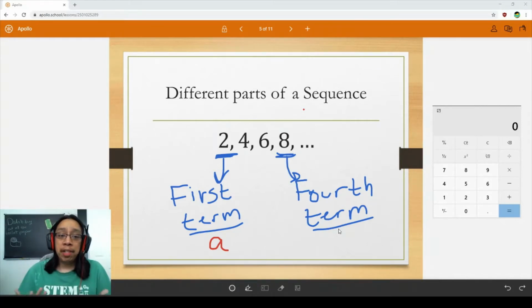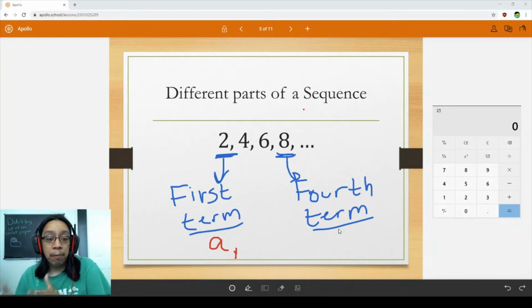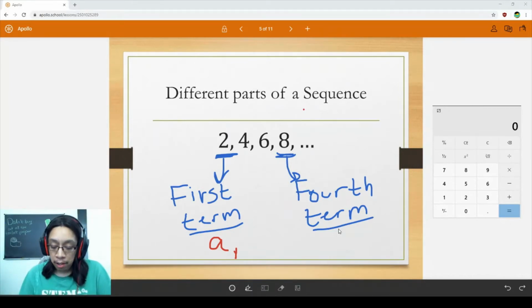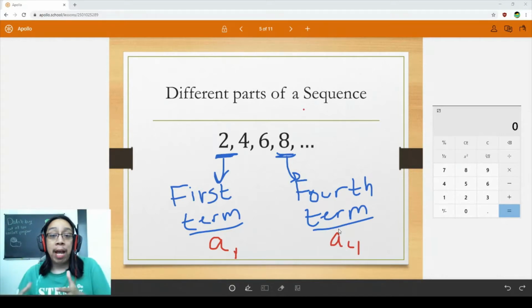Like we were saying before, since the number 2 is the first number in your list, we would say that the number 2 is a sub 1. When I say sub, I'm saying that 1 is at the bottom corner of that a. Likewise, if you wanted to represent the 4th term in sequence notation, you would say that this is little a with a little 4 at the bottom.